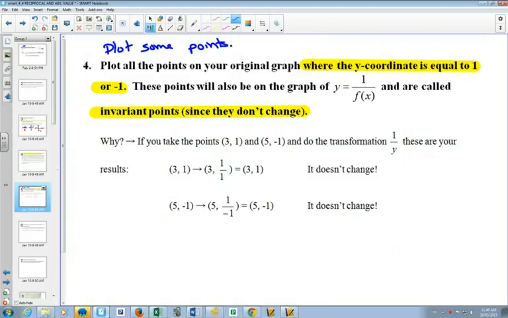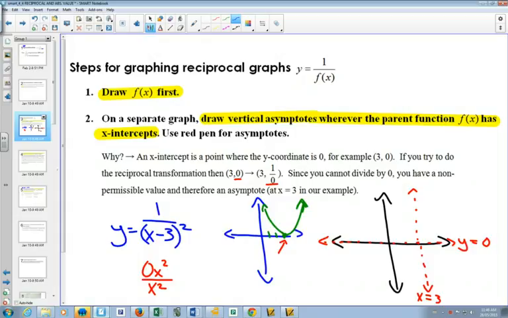We're going to go back to our graph and plot some points. What are some points that you know on this green graph of (x minus 3) squared? Does it make sense that when I plug in 4 for x, I get (4, 1)? When I plug in 5 for x, I get (5, 4). What you can do is take those y values and do the reciprocal.